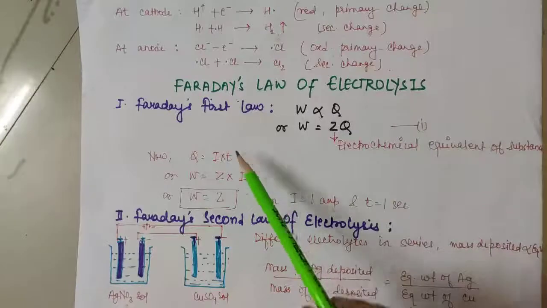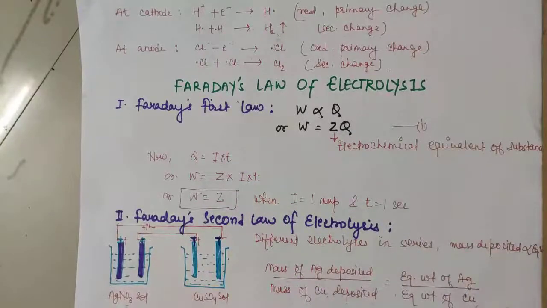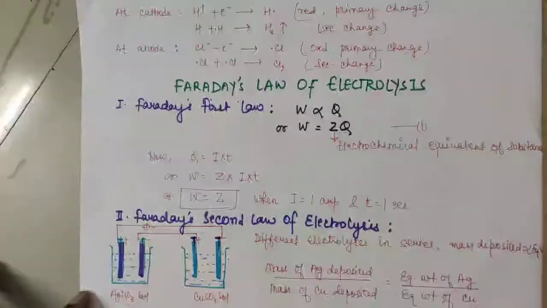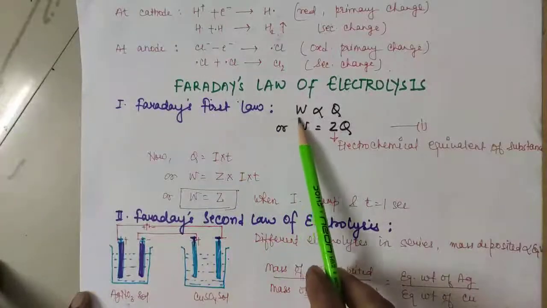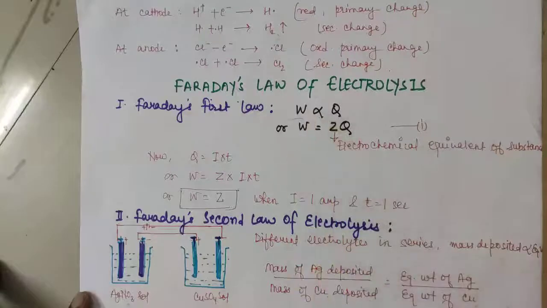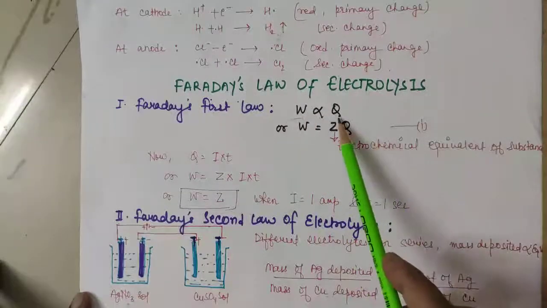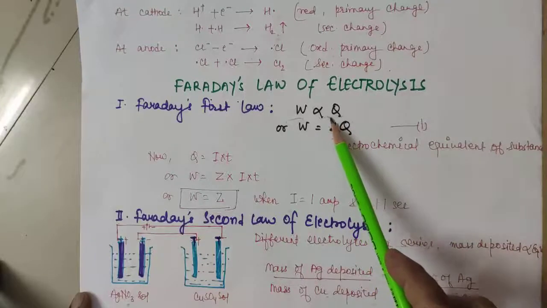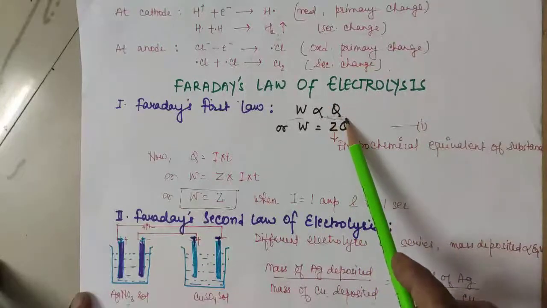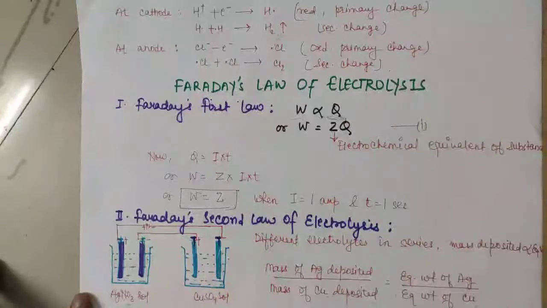Faraday's first law states that the amount of chemical reaction, and hence the mass of any substance deposited or liberated at any electrode, is directly proportional to the charge or quantity of electricity passed through the electrolyte.